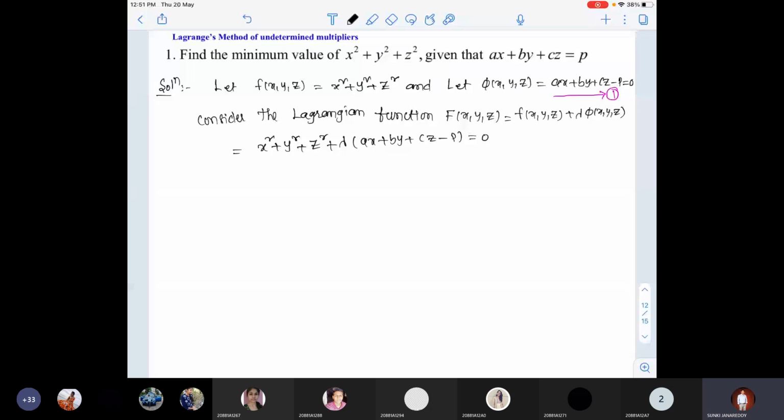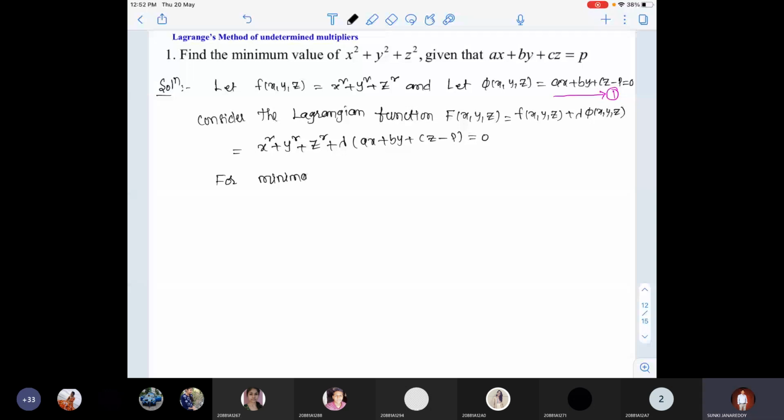For minima or maxima, here we need to find only the minimum value. For that only the connected relation is given, so we should write like this.